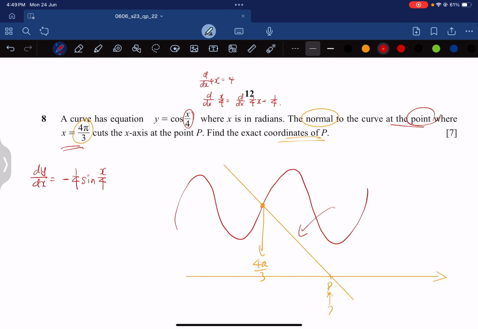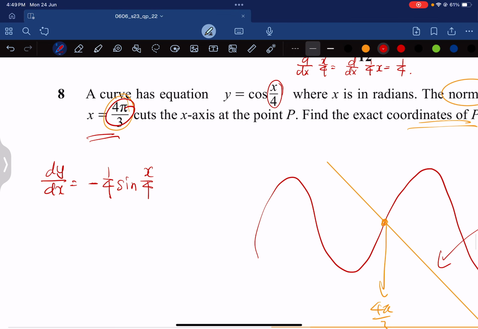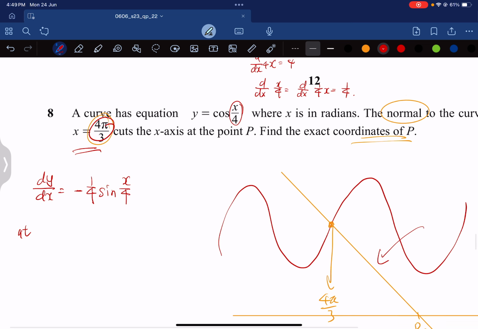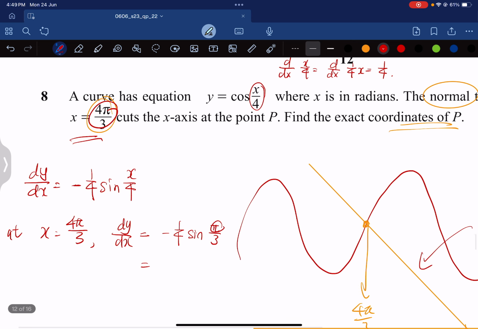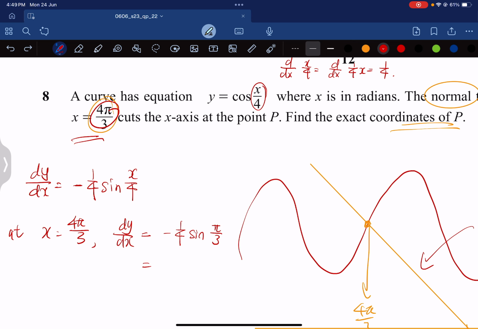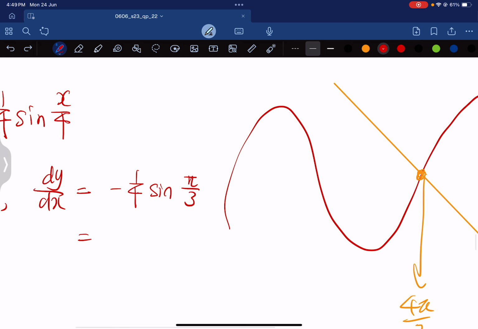Okay. So at this point, at x equals 4 pi over 3, the gradient of the tangent line will be negative 1 over 4 sine of 4 pi over 3 over 4. So it is pi over 3. This is 180 divided by 3, that is 60. Sine 60 is square root 3 over 2.